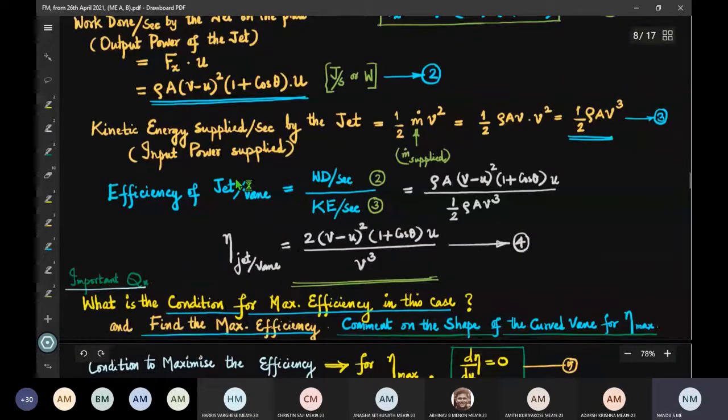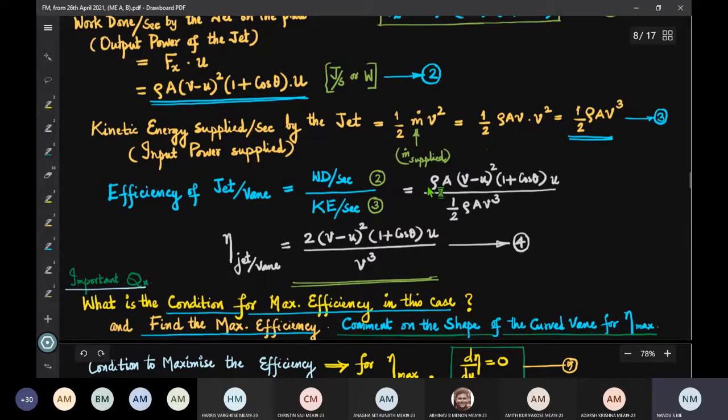And now the input, we have to find out efficiency. So what is the input? Input, as in the previous cases, the expression is going to be the same. Even though the plate is moving, the mass flow rate issued by the jet is with absolute velocity v only, so the kinetic energy supplied per second by the jet, or input power supplied, is half m dot v square.